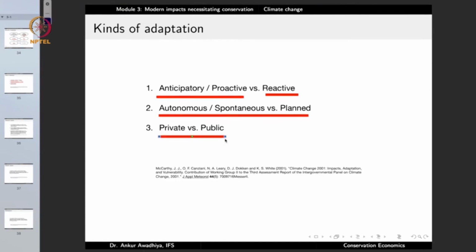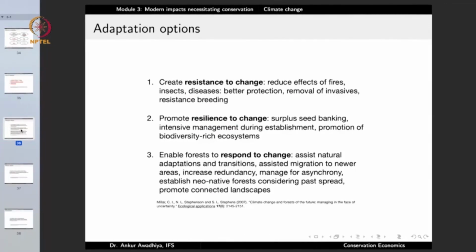Or the adaptation can be private or public, that is done at the individual or community level or at the government level. And in adaptation, we generally do three things. We try to create a resistance to change. So if we expect that there will be more forest fires, we try to reduce the effect of fires.